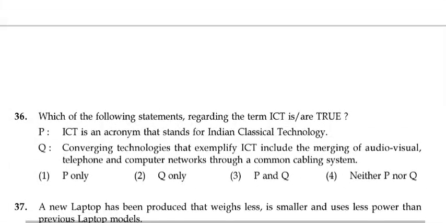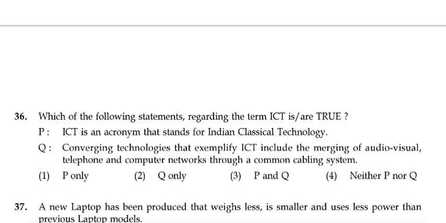Then 36. Which of the following statements regarding ICT, information and communication technology, is/are true? P. ICT is an acronym that stands for Indian Classical Technology. This is wrong because I have already told you the correct full form.